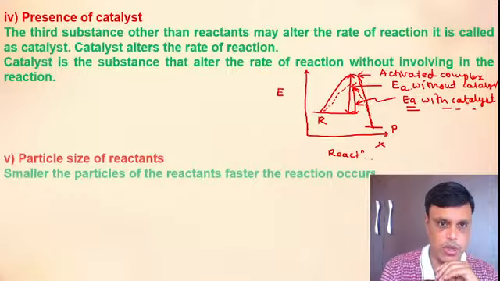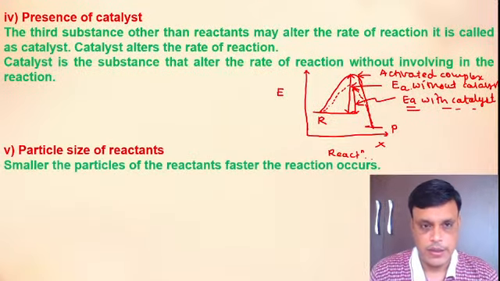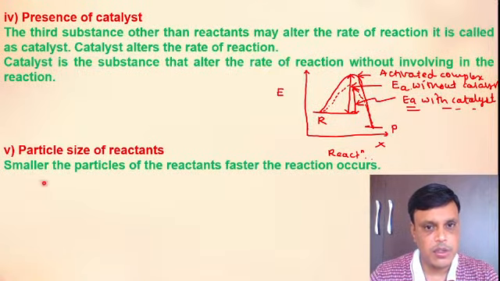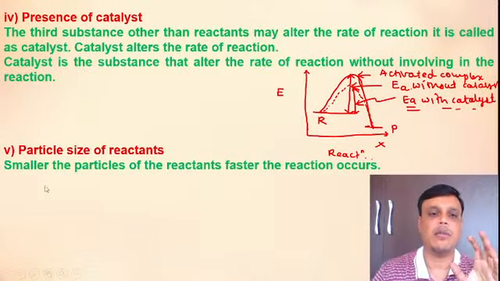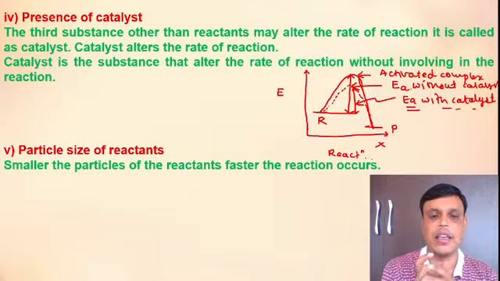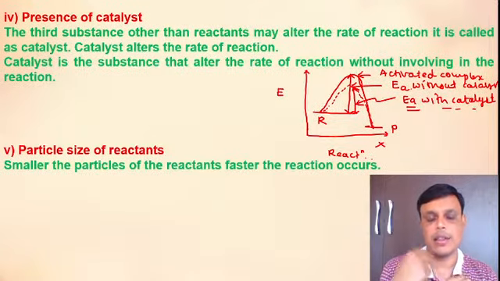Then the fifth point is particle size of reactants. Smaller the particle size of the reactants, faster the reaction rate. For example, if one of the reactants is in a solid state, suppose you have two reactants, and out of those two, one reactant is in solid form and another one is in liquid form.